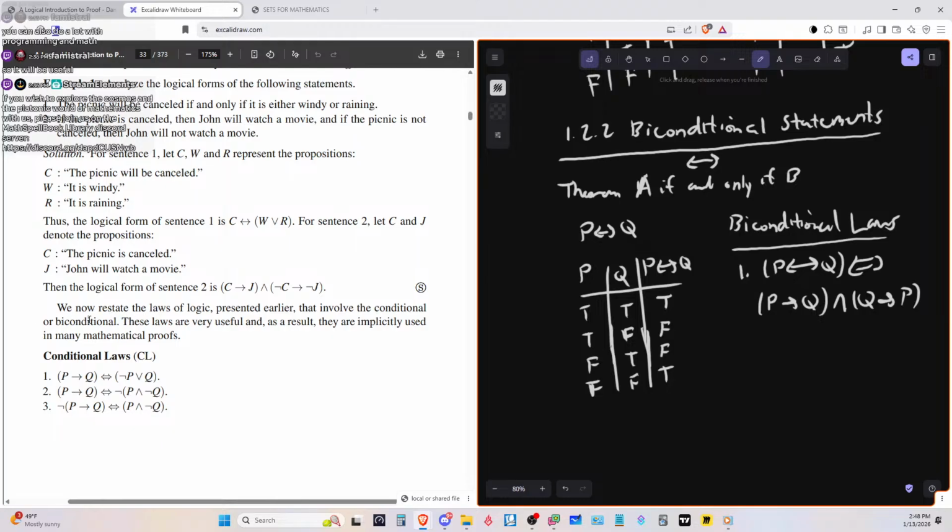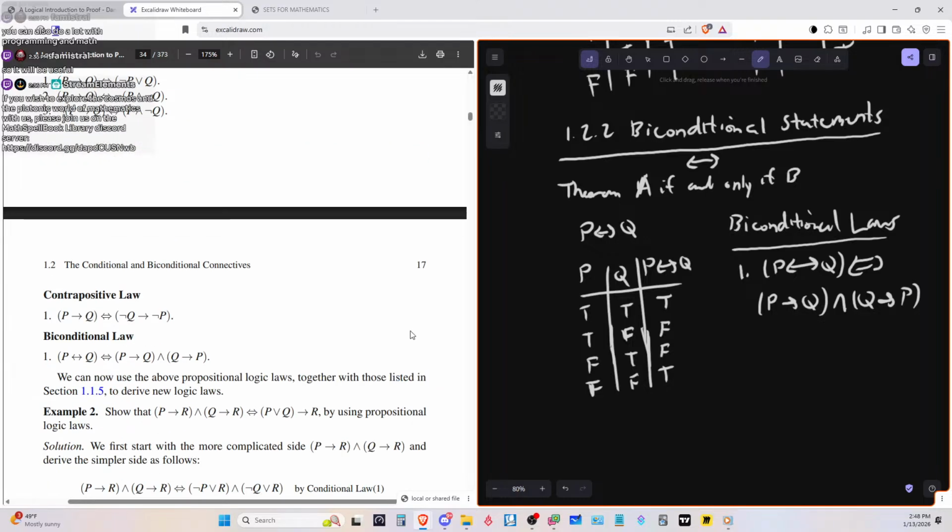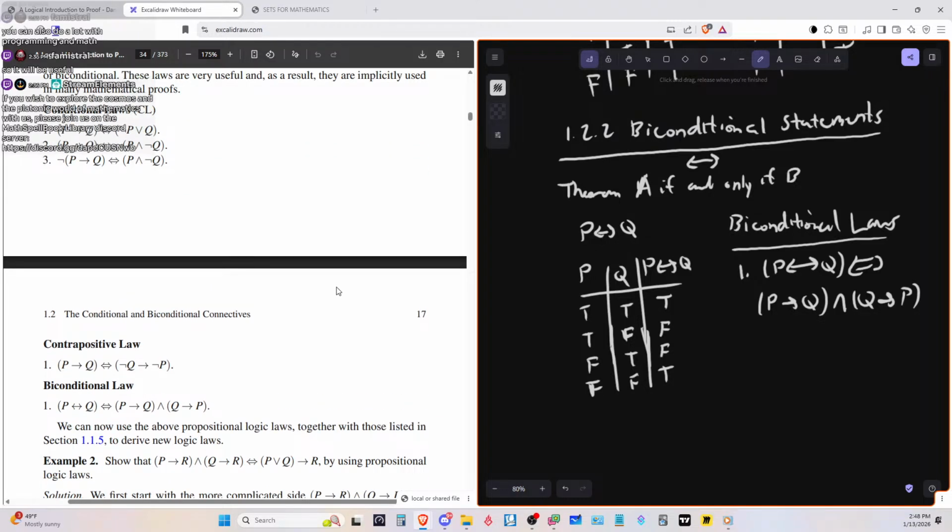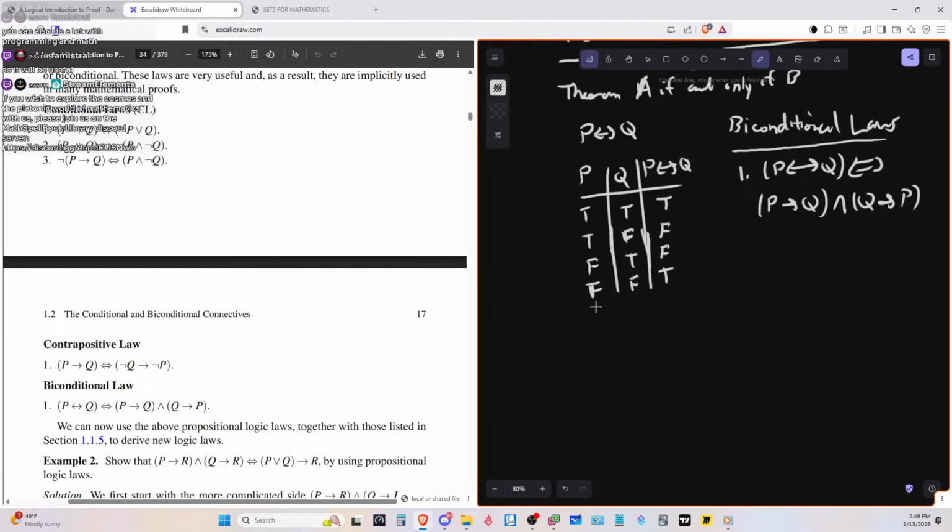State the laws. Yeah, I think I'll write these twice, because I like it when they're all gathered up in one spot.